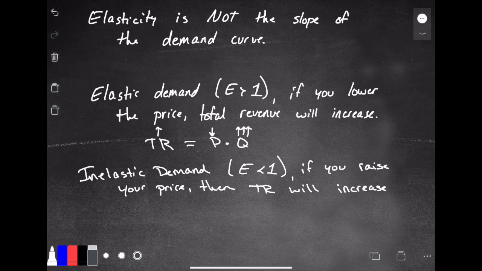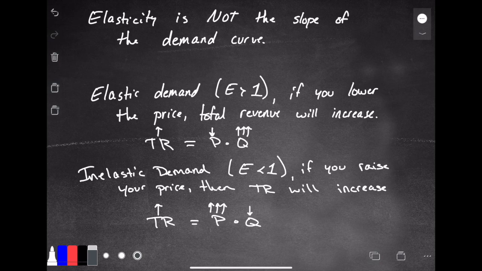Because total revenue is price times quantity, you could raise your price by quite a bit and it's only going to decrease quantity by a little bit, so your total revenue will increase. So if you are in an elastic portion of the demand curve, you will make more money by lowering your price. And if you're in the inelastic region, you will make more money by raising your price because the decrease in quantity will be much smaller.